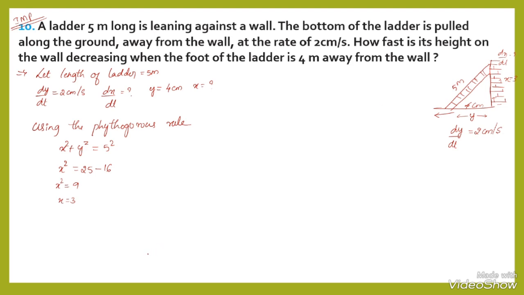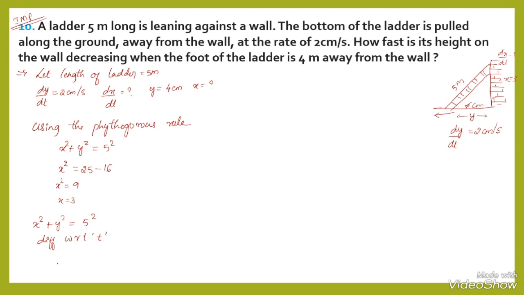Now again, I can differentiate this one, the Pythagorean relation. x square plus y square is equals to 5 square. I differentiate with respect to time.